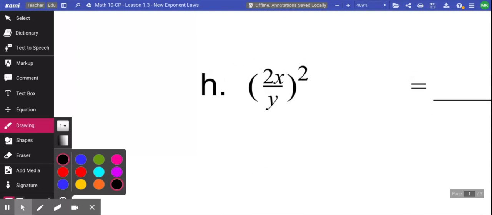If we look at h, we're going to do that same rule. So that exponent has to come into the x. It has to come into the 2, which is the one people forget. And it has to come into the y. So this becomes 2 to the power of 2, x to the power of 2, divided by y to the power of 2.